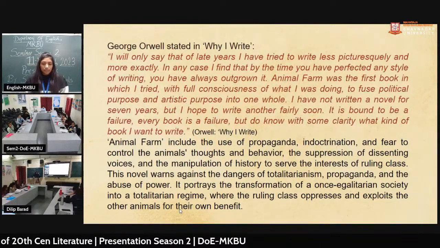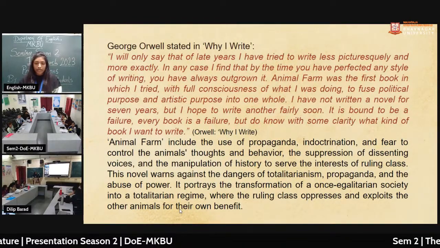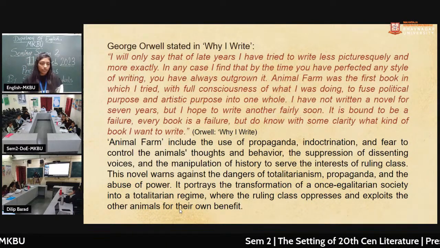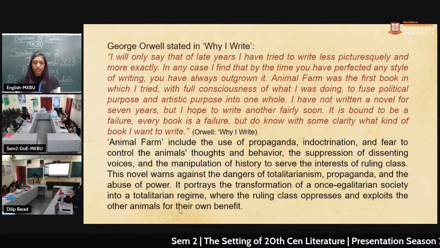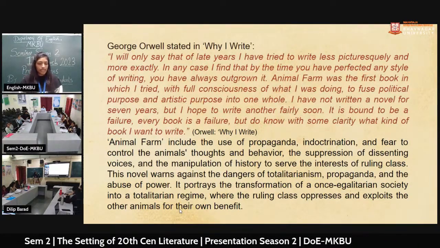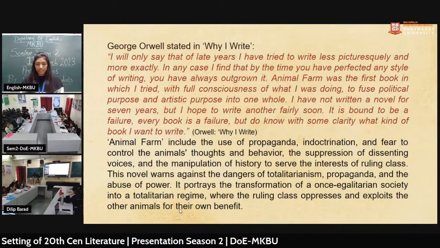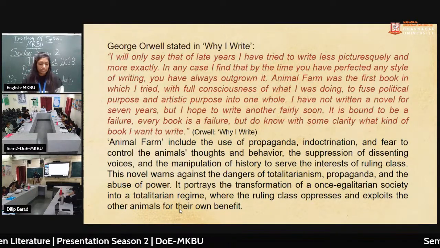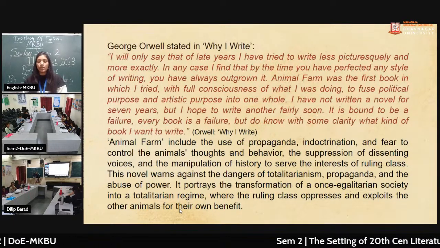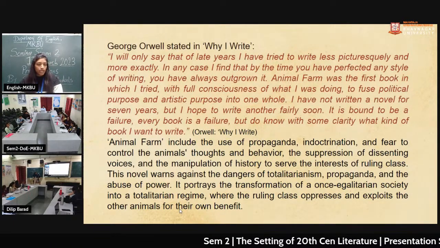Then, Animal Farm includes the use of propaganda, indoctrination, and fear to control the animals' thoughts and behavior, the suppression of dissenting voices, and the manipulation of history to serve the interest of the ruling class. This novel warns against the danger of totalitarianism, propaganda, and the abuse of power.